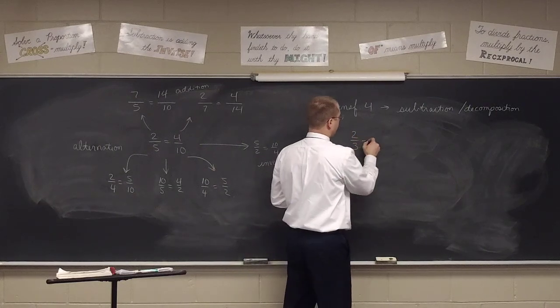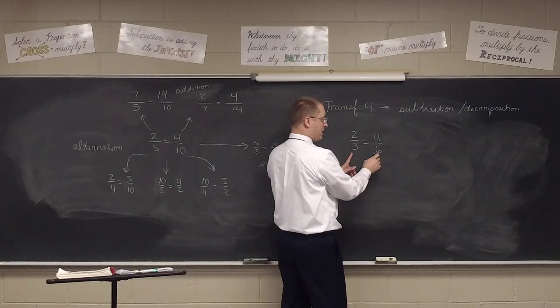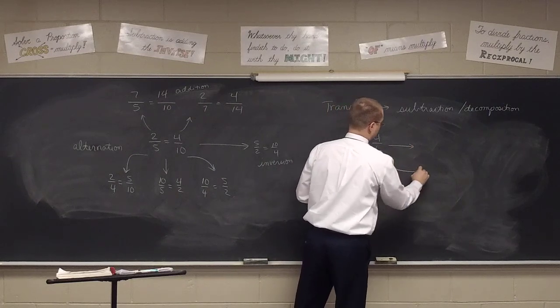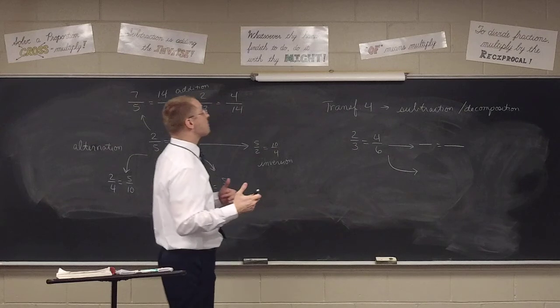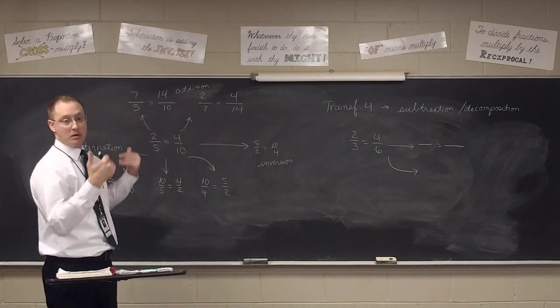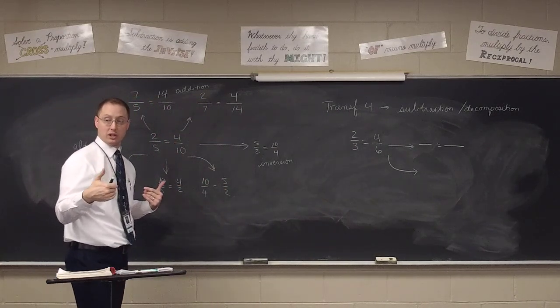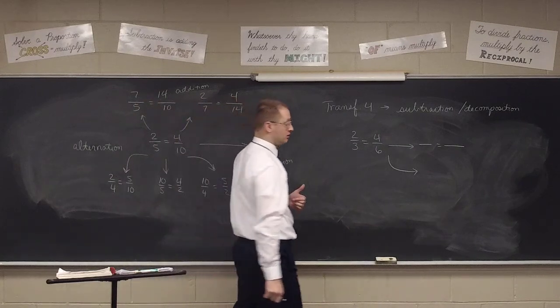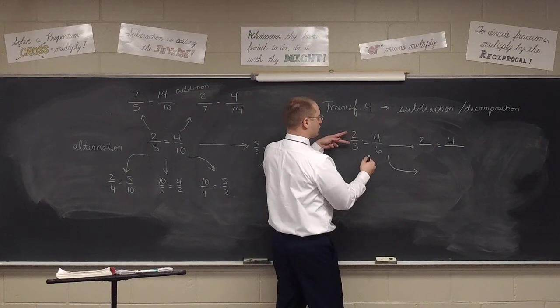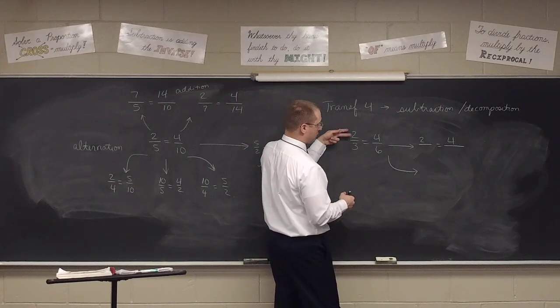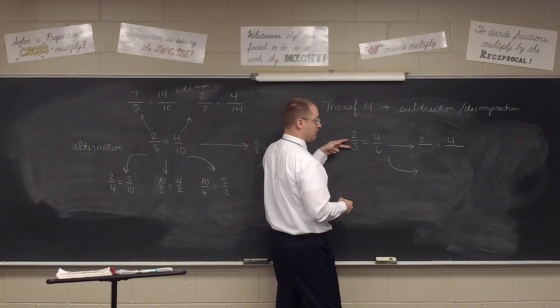2 is to 3 as 4 is to 6. So we start with this. We can go 2 different directions with this. Just like the addition transformation, you can keep your original antecedents or you can keep your original consequents. We're going to let Jamie decide. Keep the antecedents. We're going to keep the antecedents 2 and 4. But we're going to subtract these two values. We would subtract 2 and 3, class, to get 1.